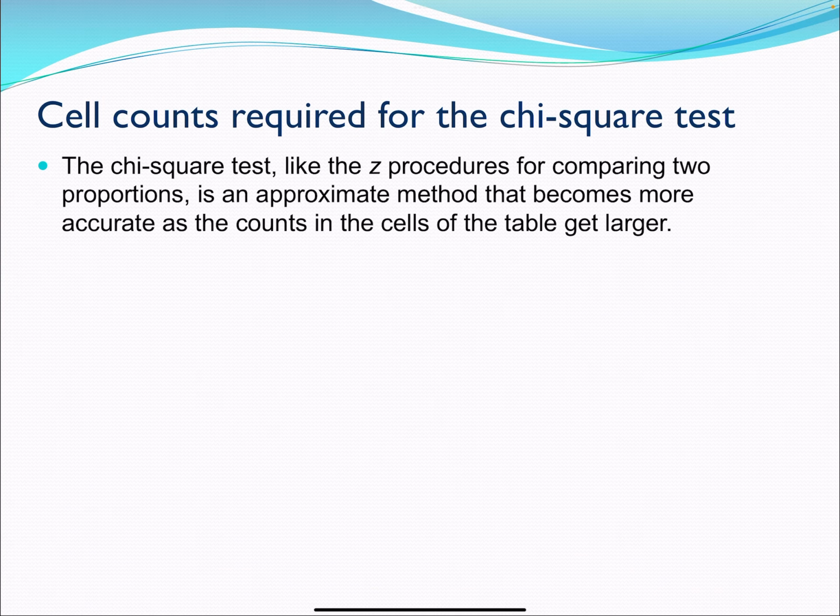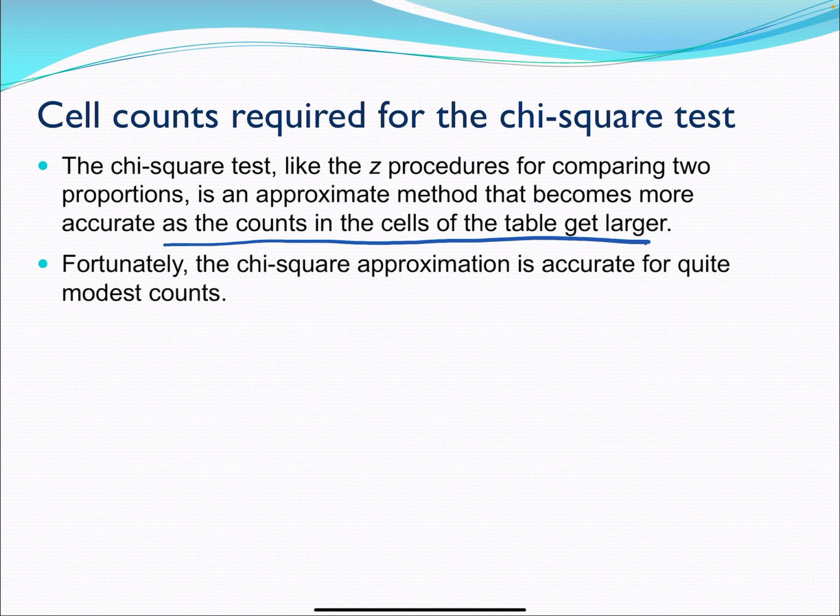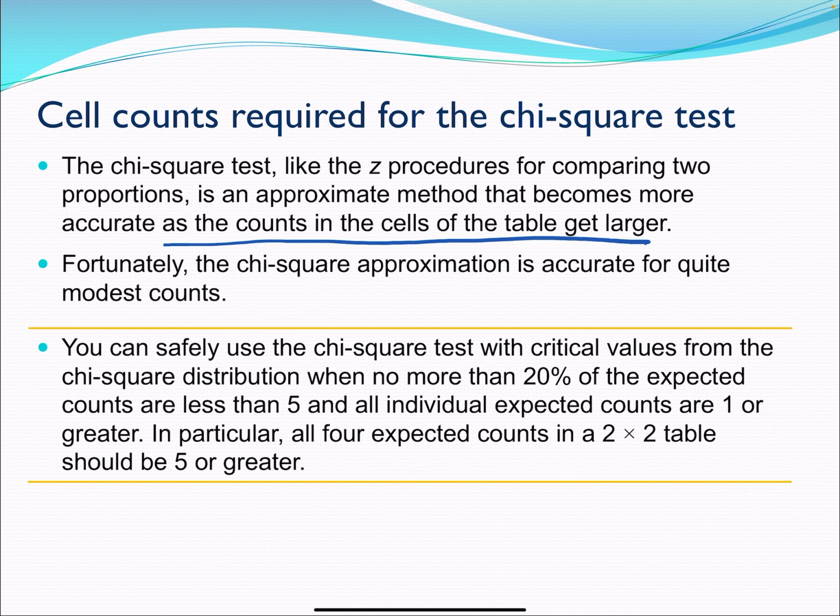So the chi-squared test, like the z procedures for comparing two proportions, is an approximate method that becomes more accurate as the counts in the cells of the table get larger, okay? Higher degrees of freedom. But we're lucky that chi-squared approximations are accurate for quite modest counts. You can safely calculate the chi-squared test with critical values from the chi-squared distribution when no more than 20% of the expected counts are less than 5, and all individual expected counts are 1 or greater.